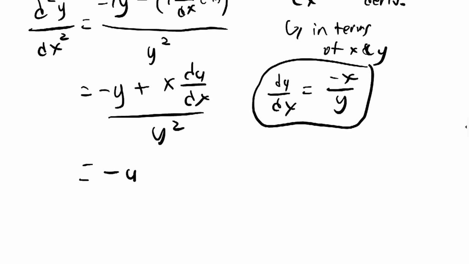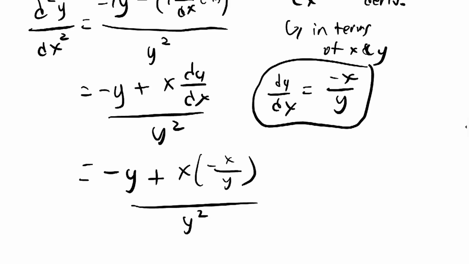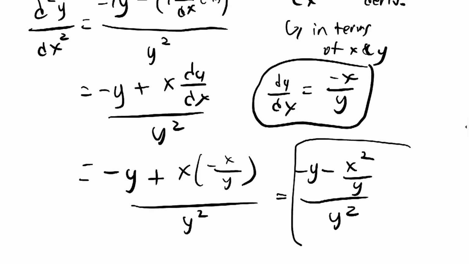It's going to be negative y plus x times negative x over y, all over y squared. And of course, this is just going to be negative y minus x squared over y, all over y squared. And I'm going to leave it here. If they ask you to simplify it as much as possible, go ahead and simplify that. I'm not going to do that because I am a lazy mathematician, and there's a saying that good mathematicians are lazy mathematicians.